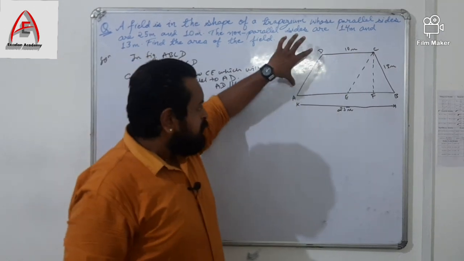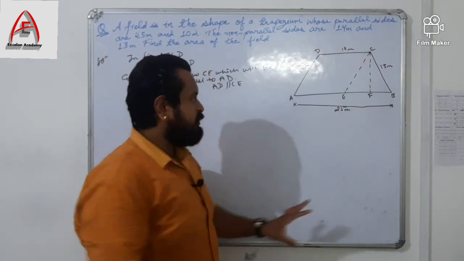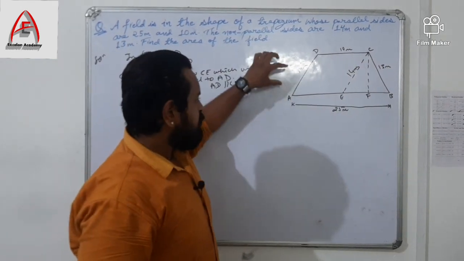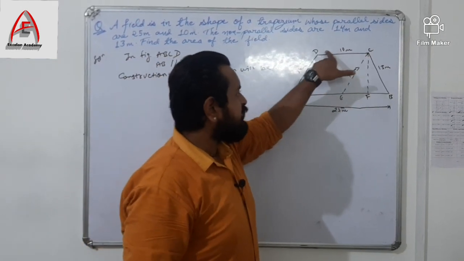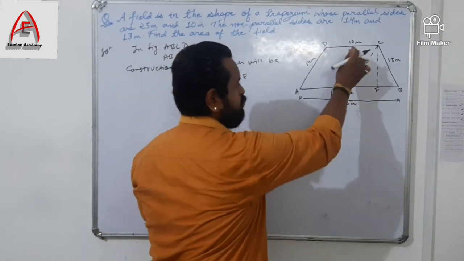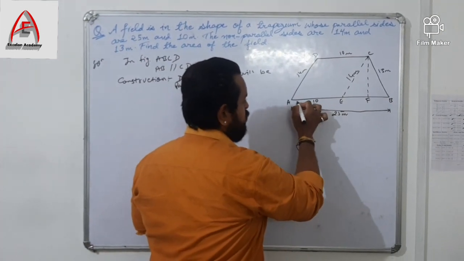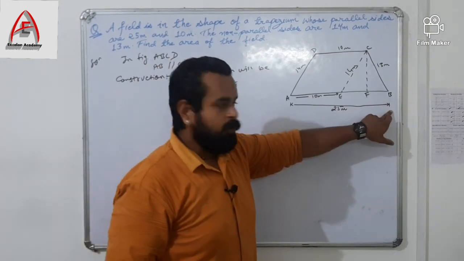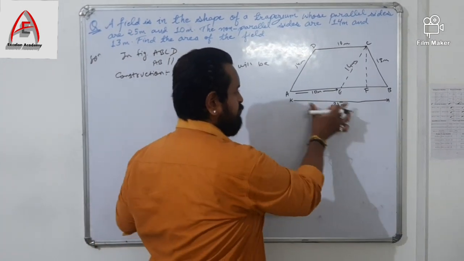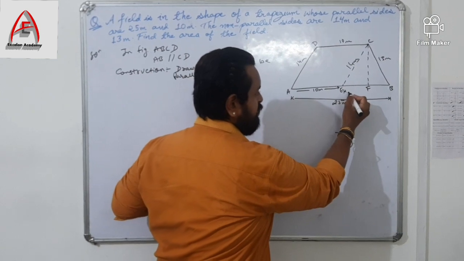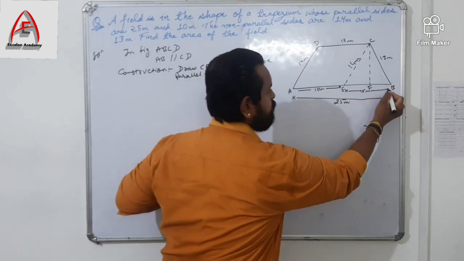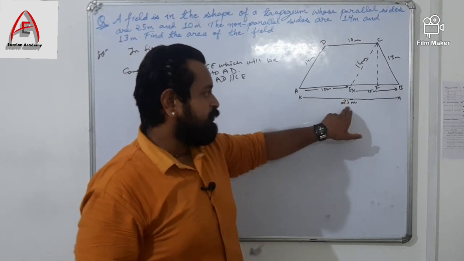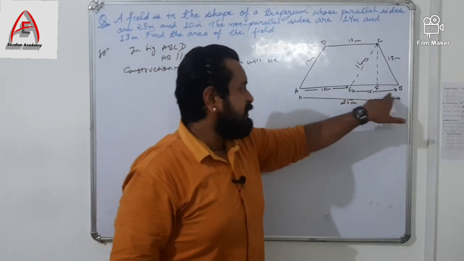Now AD is parallel to CE, so this will also be 14 meter, and since AECD is a parallelogram, and this is 10, so this AE will also be 10 meter, and from the whole AB 25, this is 10, so this remaining side will be 15 meter. Subtract 10 from 25, we will get 15 as EB.